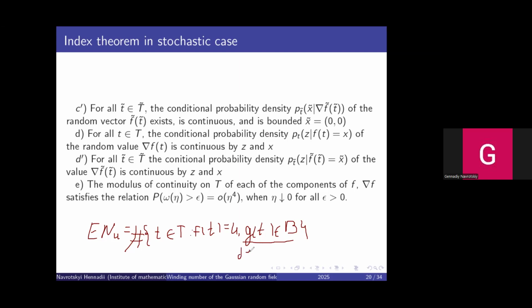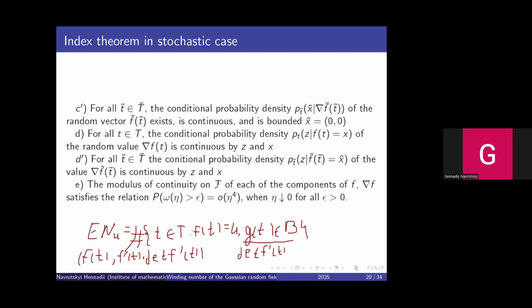g of t is the determinant of f prime of t, and the condition for the application of the expectation meta theorem is that the entries of the matrix f prime of t, which is also a matrix, be linearly independent, but they are not.